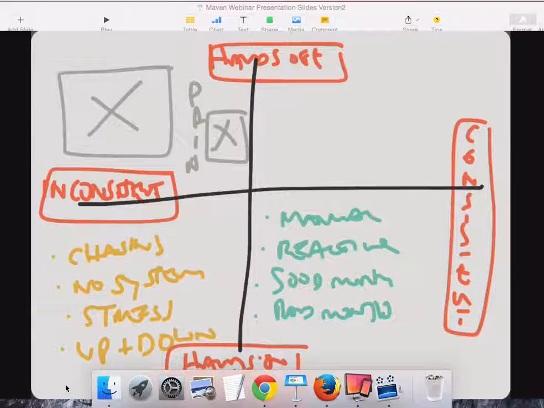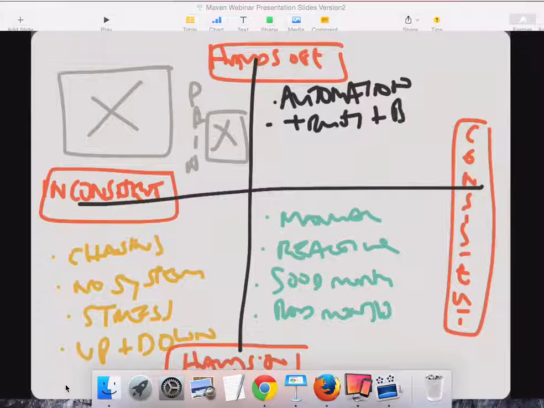Now where we want to be is here. We want it to be hands off, so it's done for you. We want to be consistent. So what we want is for you to be front of mind when they're buyer ready, to gain that trust. We want to be front of mind so you're building relationships over and over again.